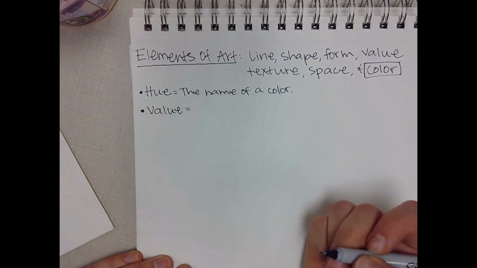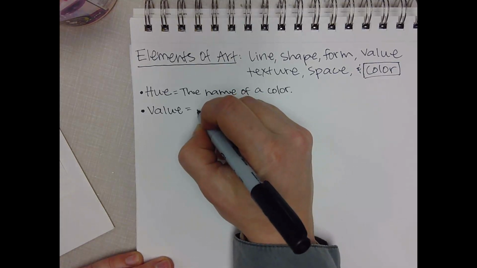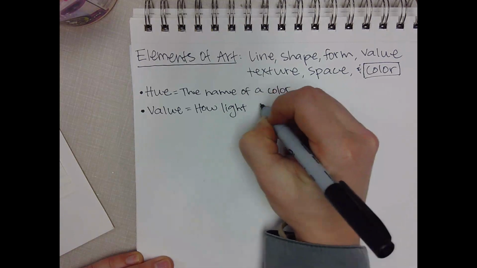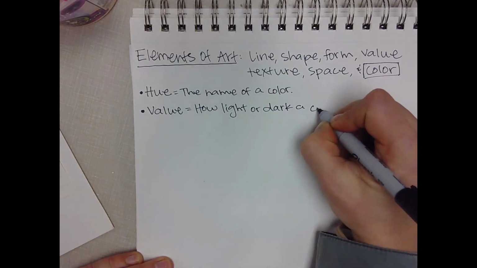Next, we talk about value, which is how light or dark a color is.